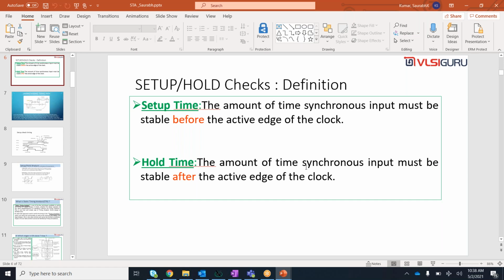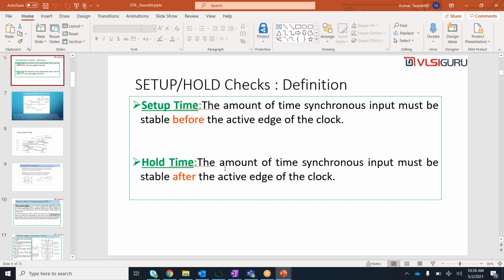And hold time is the amount of time the synchronous input must be stable after the active edge of the clock. Hold time means my synchronous input should be stable after the edge of the clock, because we don't know how much time your sequential element will take to move the data from input to output.